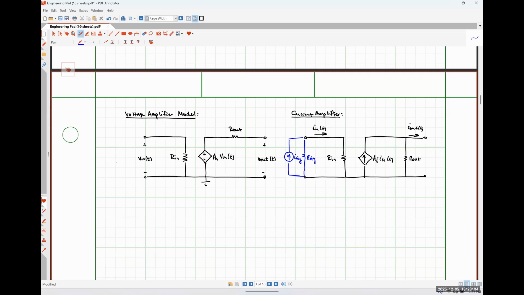In this case, I want my input resistance to be as small as possible so that almost all of my input signal actually flows this way, right? So if Rn is less than Rsig, more of our input signal is preserved flowing into the amplifier. On the output side of things, here's my load resistor again, right? So I want R out to be greater so that all of the current that's provided by this dependent source flows through my load instead of branching off and flowing through that path. Okay.